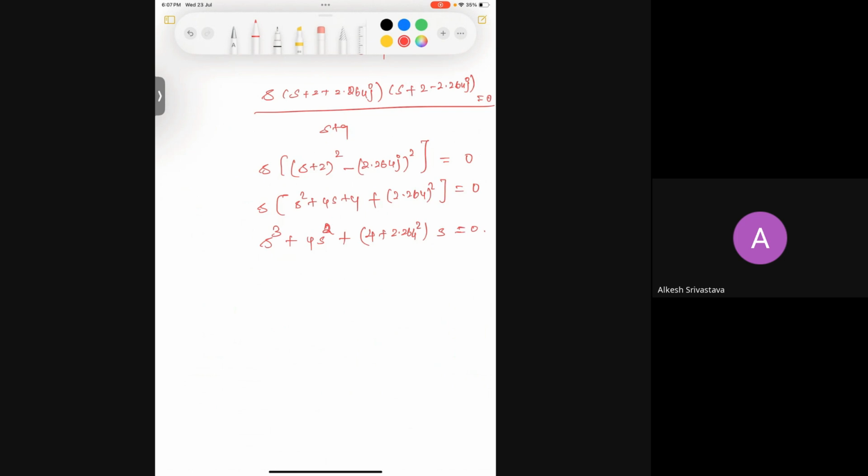It's s plus 4 square plus 4.4 plus 2.264 square into s.